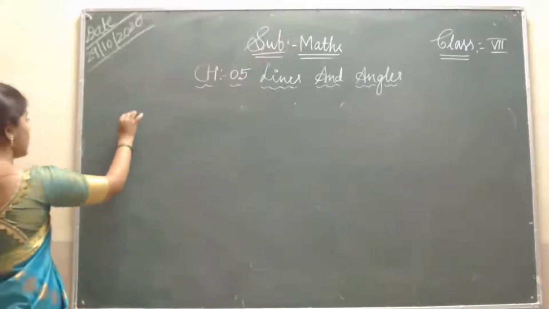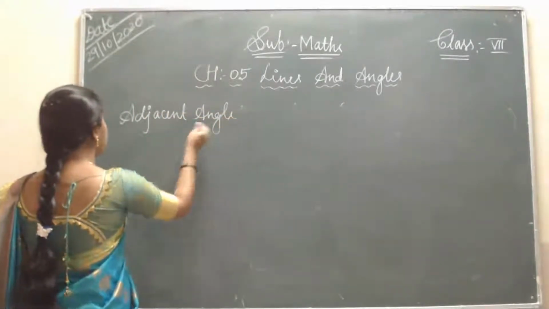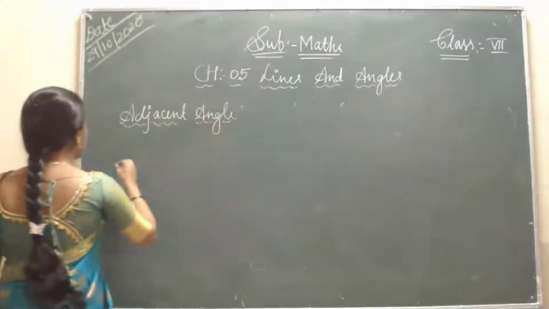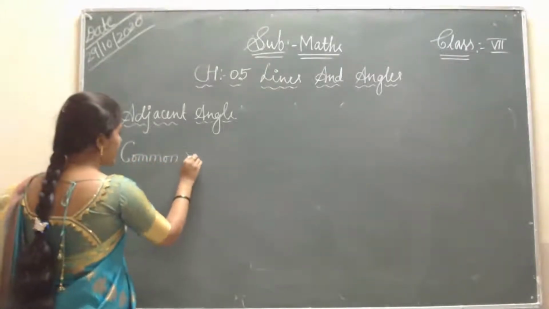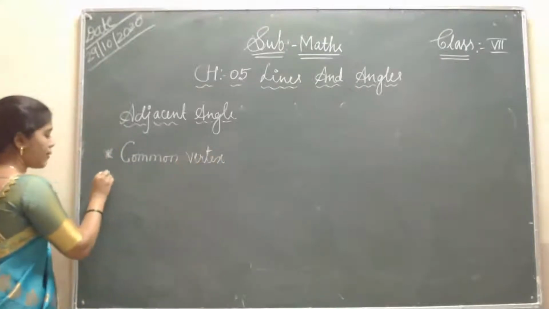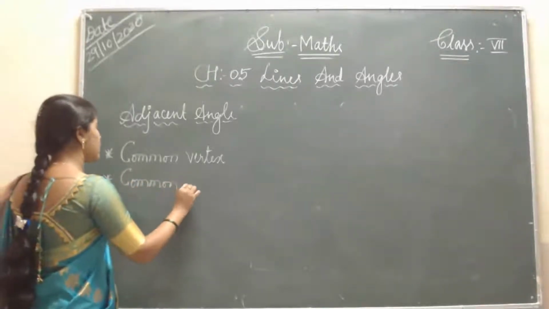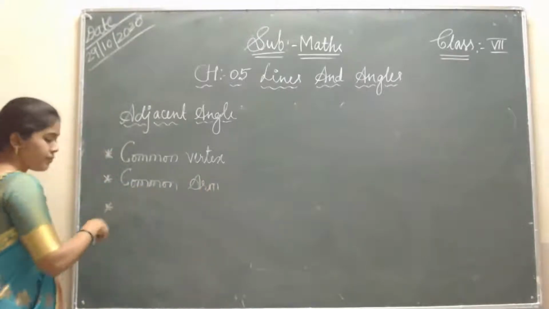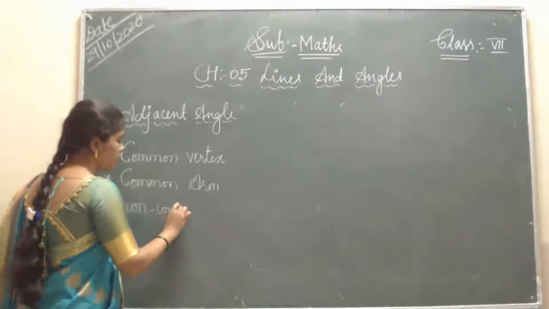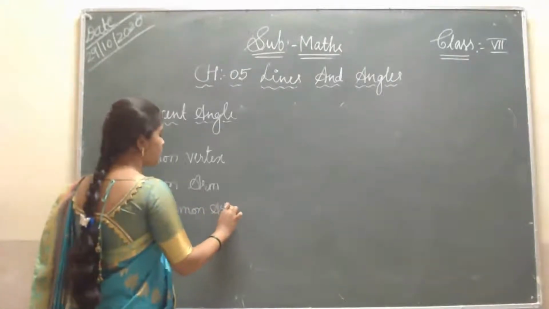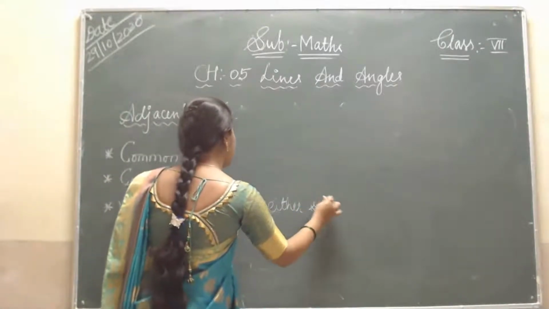Adjacent angle: first, common vertex; second, common arm; third, non-common arms on either side.